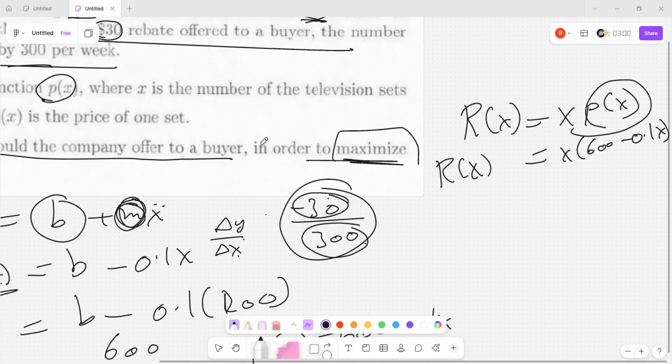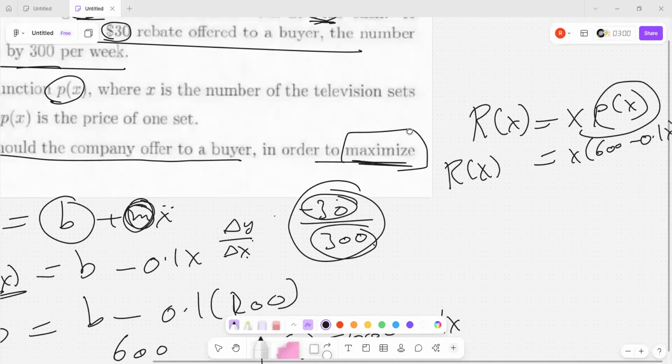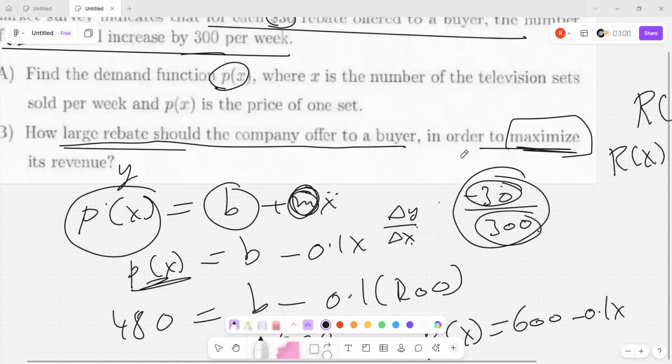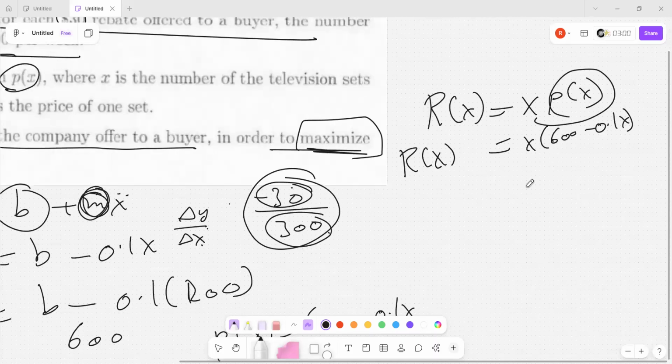Okay, so he's asking to maximize. Which thing? How large a rebate? Perfect. So he needs me to find the vertex. So the first thing I will do is R of X equals 600X minus 0.1X squared.